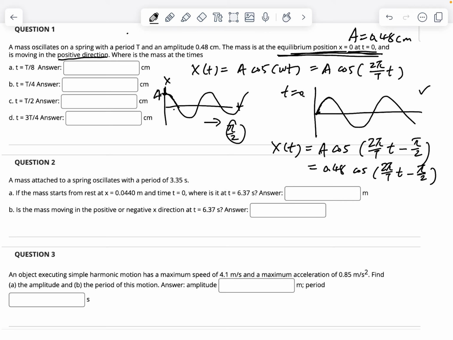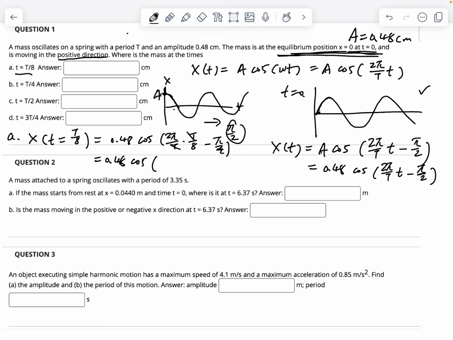All right, now give you a time, then you know the position, you know the displacement. So time t equal to T over 8. What is the position x at t equal to T over 8? So plug in: 0.48 cosine 2 pi over T, now substitute t by T over 8, minus pi over 2.